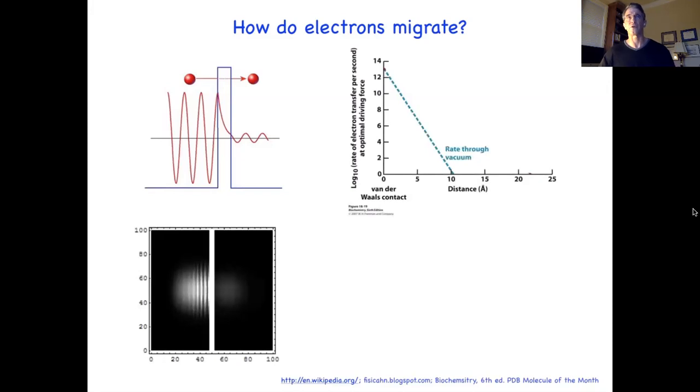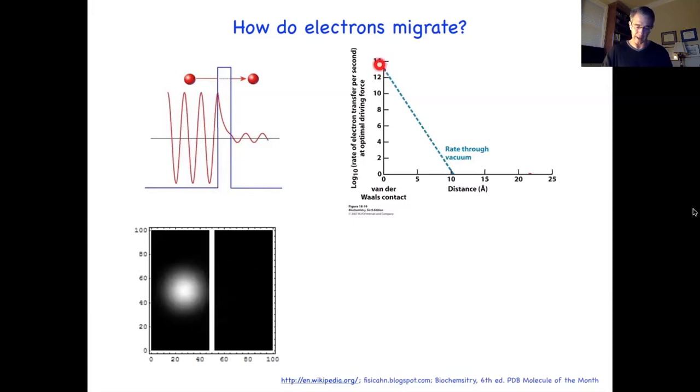Tunneling is a very strong function of the distance between, say, two centers that electrons could migrate across. This exponential decay is captured in the fact that if we think about the rate of transfer between two centers that could in principle hold the electron, one at a higher redox potential than the other, so there's a driving force between the two, the rate drops off, on a log scale, by many orders of magnitude as you increase the distance.